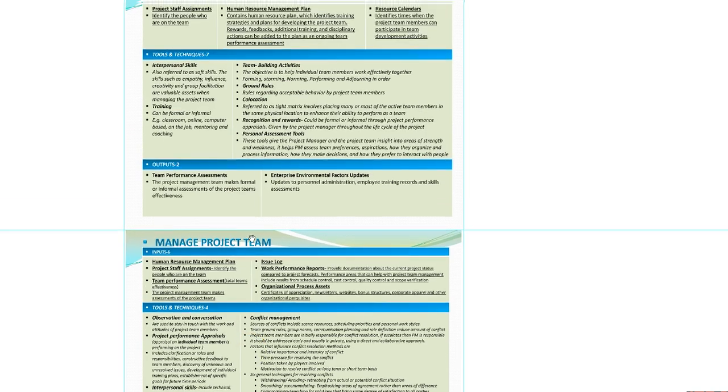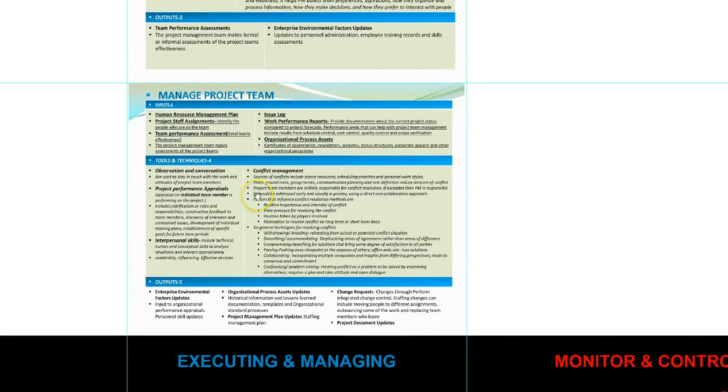Now, after you develop the project team, the next thing you have to do is manage project team. Now, it's not easy to manage people. You might have a lot of different types of people working on the project. Some might need a lot more attention. Some might need less attention. Some are troublemakers. Some are causing problems and conflicts. Some have issues. So you have to make sure that you get the right people on board so that there are no problems for the project to get completed on time.